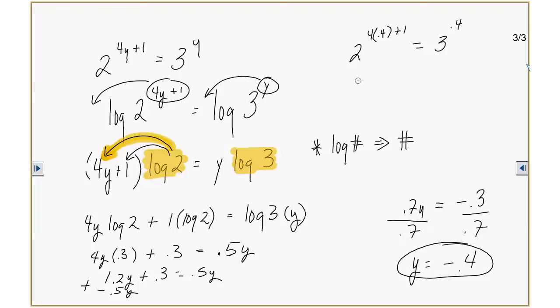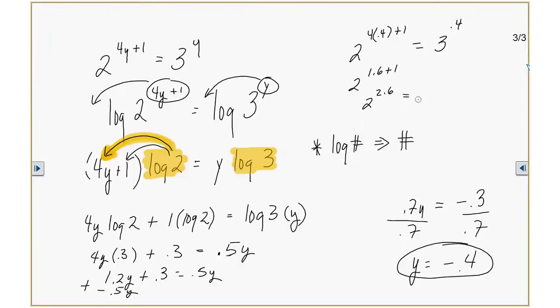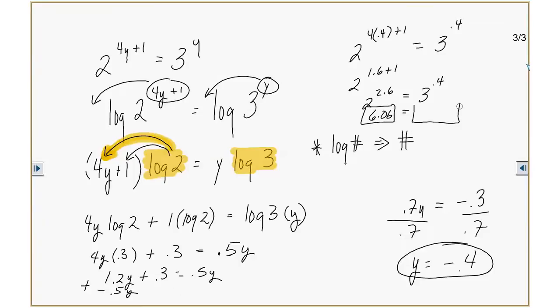And that's going to be 2 to the 1.6 plus 1, which is 2 to the 2.6, is equal to 3 to the 0.4. Somebody raise 2 to the 2.6. What do you get? 6.06. Did everybody get that? Now, raise 3 to the 0.4. What do you get?